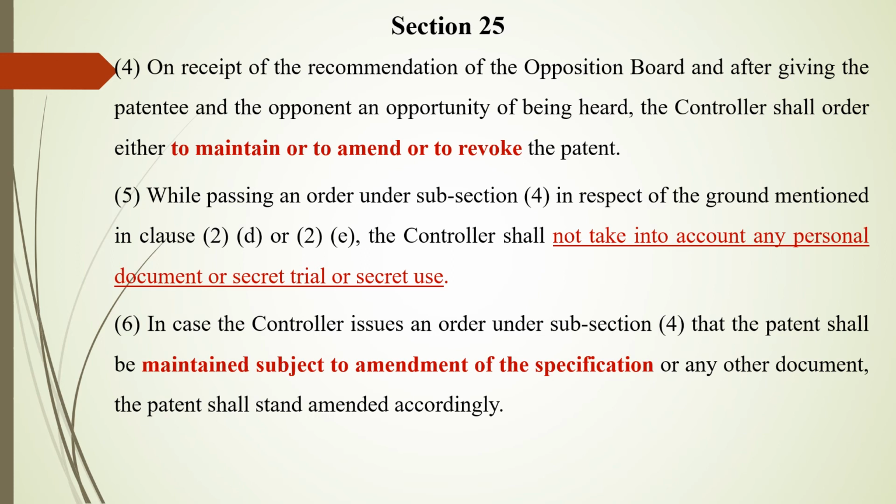In case the controller issues an order as under subsection 4, the patent shall be maintained subject to amendment of the specification or any other document. The patent shall stand amended accordingly. That is, if any patent has been amended as per controller's recommendation, then that amended subject matter or application will be considered thereafter.